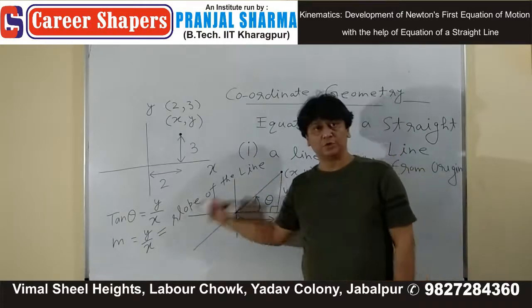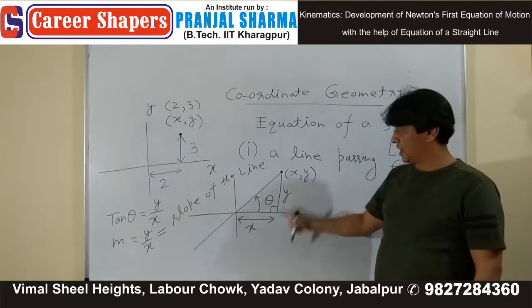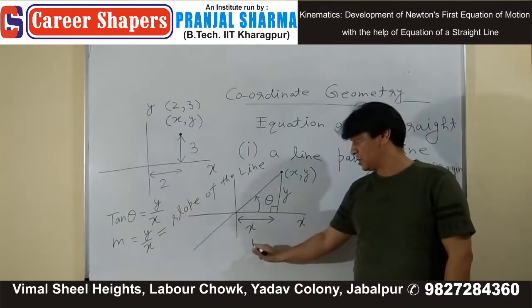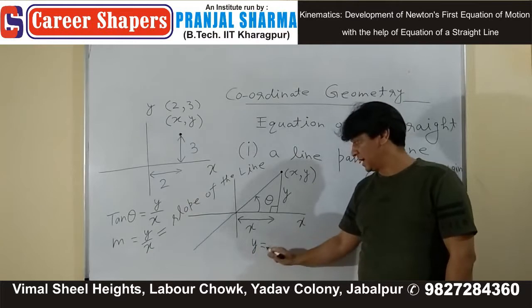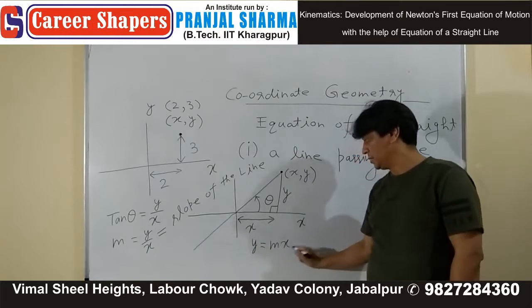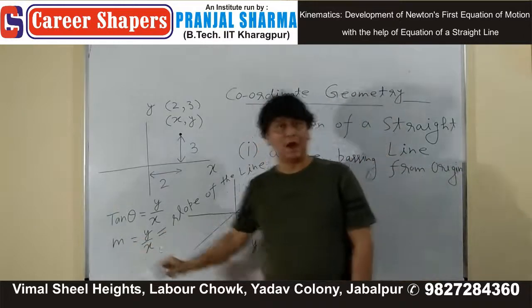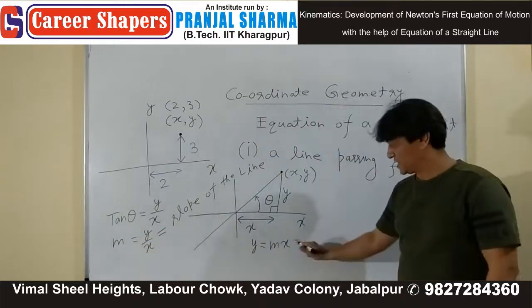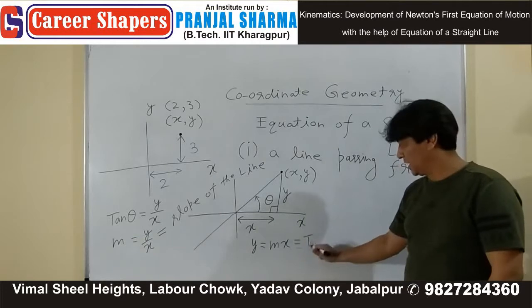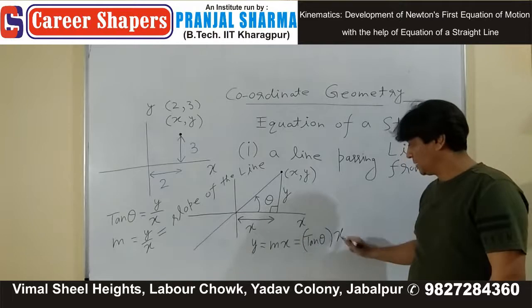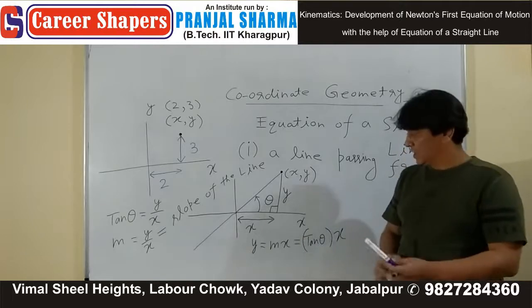And once I do this, this y and this x are related like this. Y is equal to m into x, which is nothing but y is tan of theta multiplied by x.